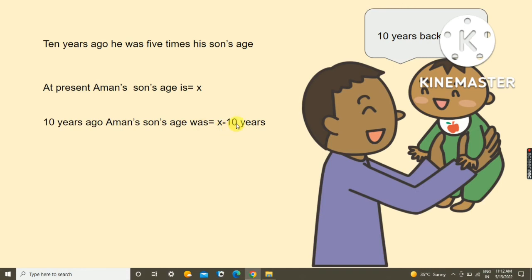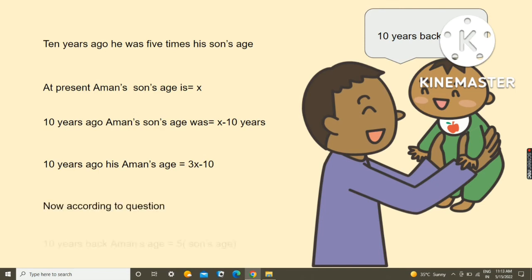Let us move in the past. So 10 years ago Aman's son's age would be x minus 10 years. 10 years ago Aman's age would be 3x minus 10, because his present age is 3x years, and 10 years ago his age would be 3x minus 10 years.